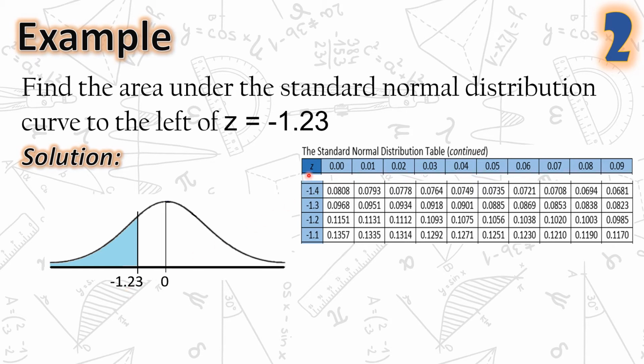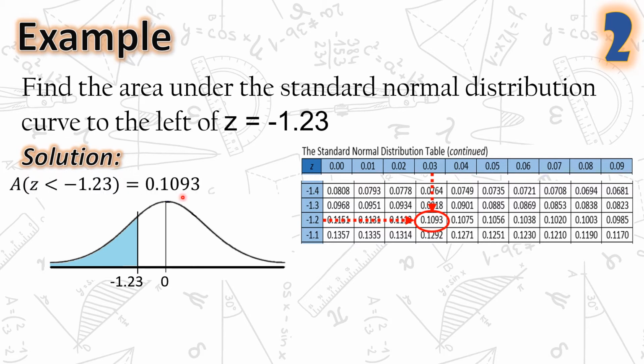So on the first column, we locate negative 1.2, draw an imaginary line, and then on the top row, we locate 0.03, and then draw the vertical imaginary line. Where these two lines meet is the area to the left of that z value. So these two imaginary lines meet at 0.1093.